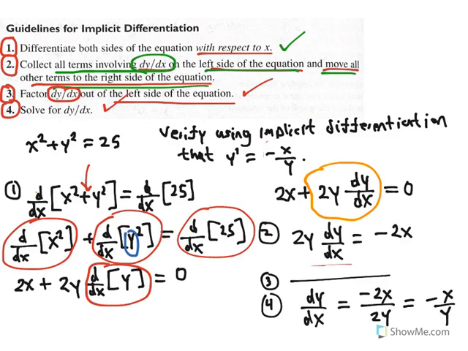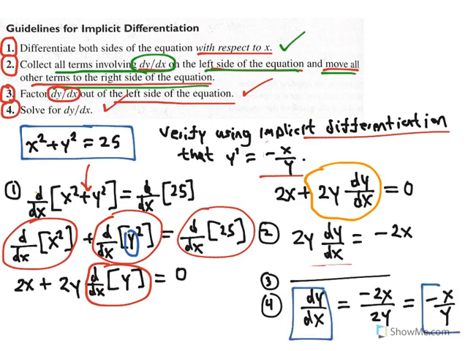So we verified using implicit differentiation that y prime, or dy dx, is the same as what we found using the earlier method, in which we rewrote the implicit relation as two explicit relations and then found derivatives of each one using the chain rule. So we get the same result doing it this way.